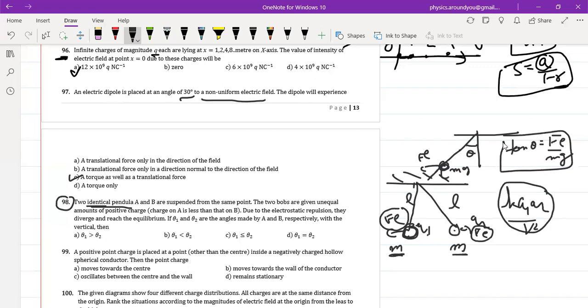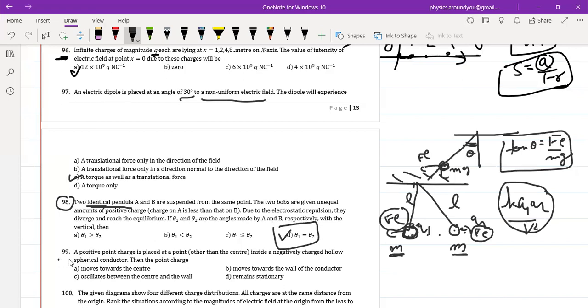A useful formula because the NEET panel has asked this question multiple times. Tan theta equals Fe by mg. Fe and mg both are the same for both of them. So this angle theta will be the same for both of them. So theta 1 equals theta 2.